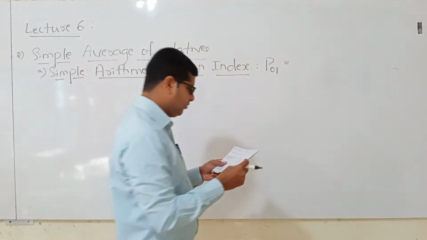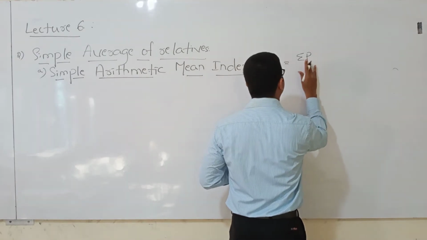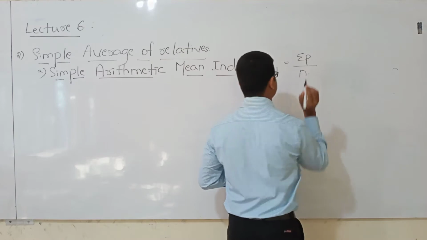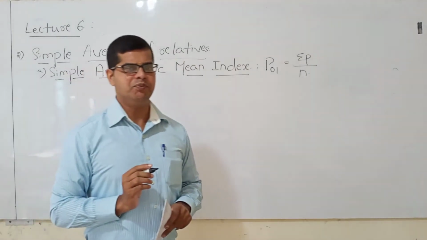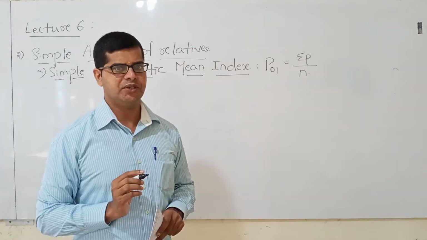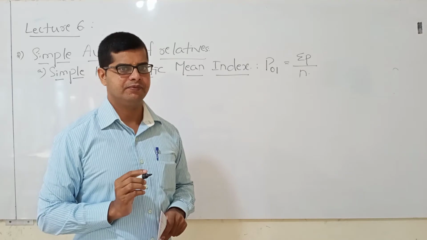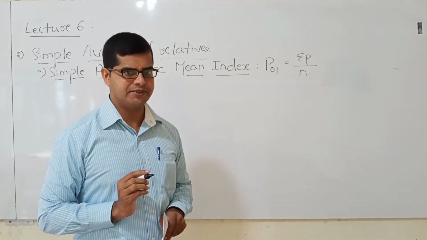So here P01 is equal to summation P divided by n. So what is this summation P? Sum of the observations, the sum of the aggregating of the prices.